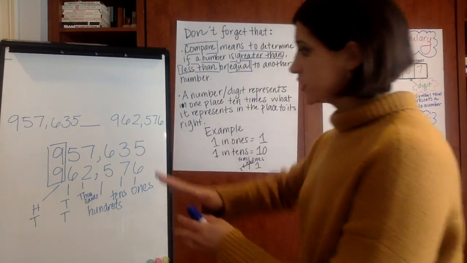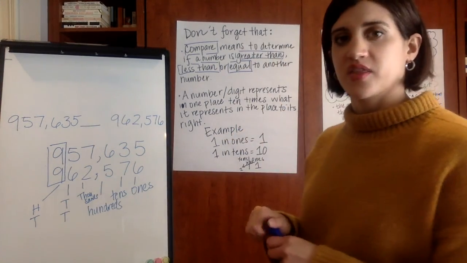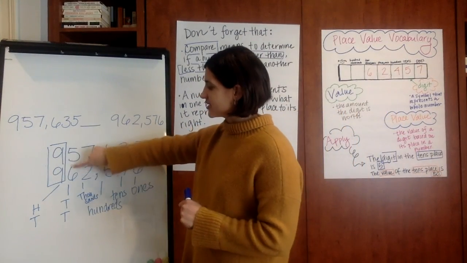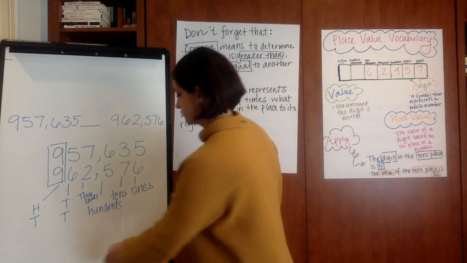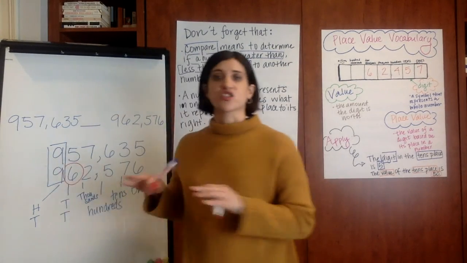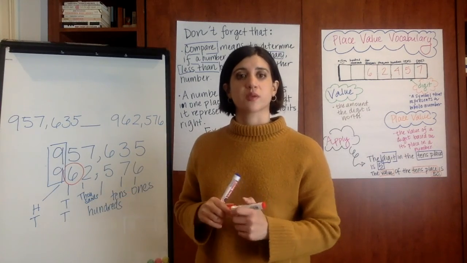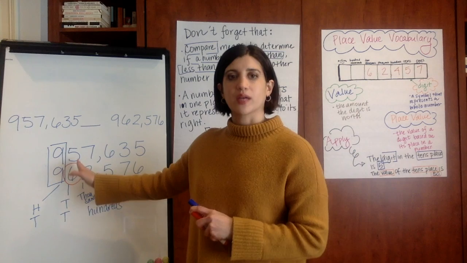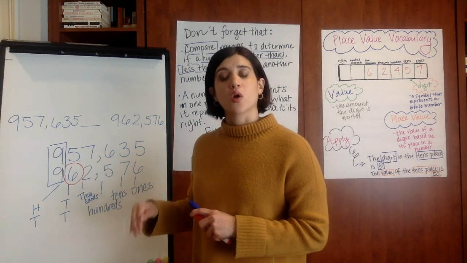So I go immediately to the place value to the right, which is the 10,000s. And I notice that 6 is bigger than 5. And I stop. I know that 6 is bigger than 5, and I know that this is the second biggest place value in the number, so I am done. Why?